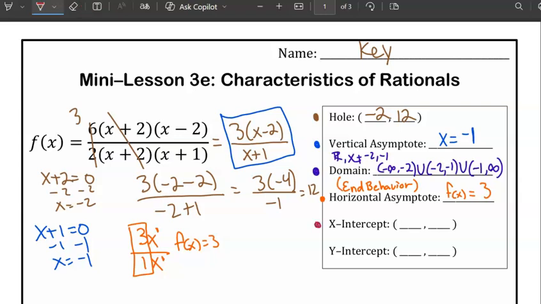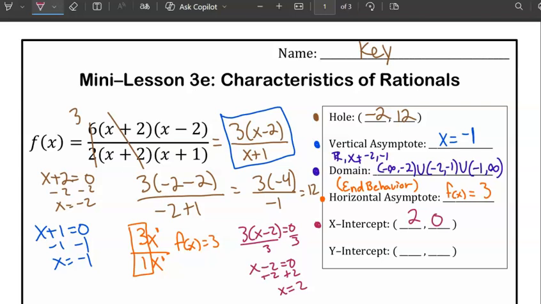For the x-intercept, we are going to set the numerator of the simplified rational expression equal to 0. x equals 2. Your x-intercept is going to be 2, comma, 0.